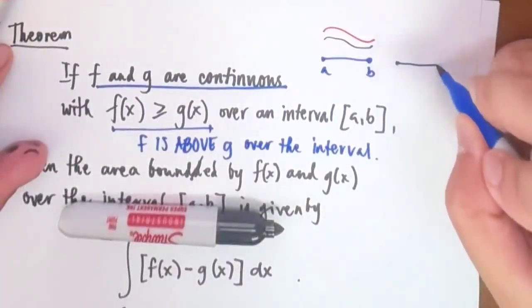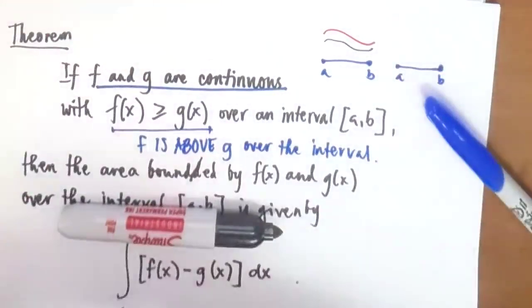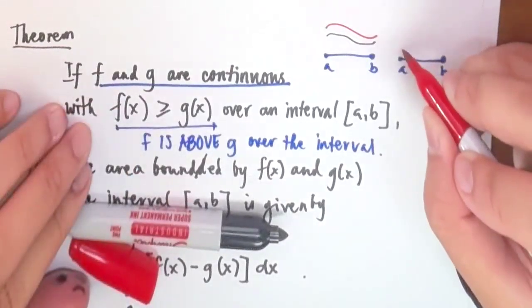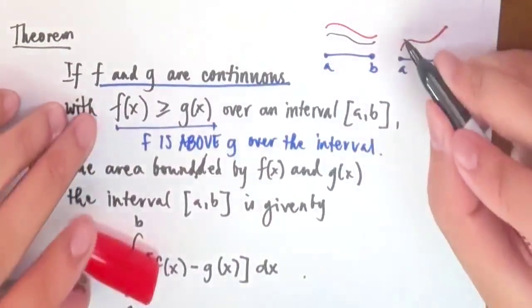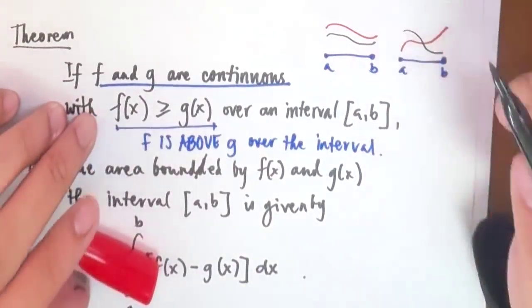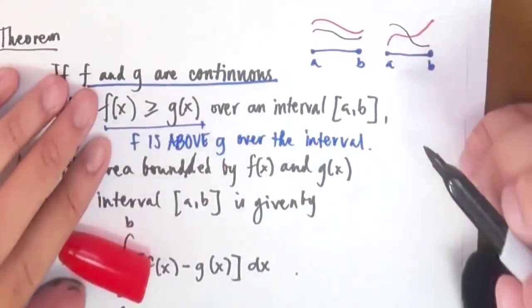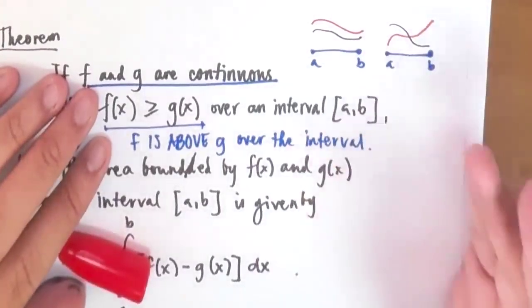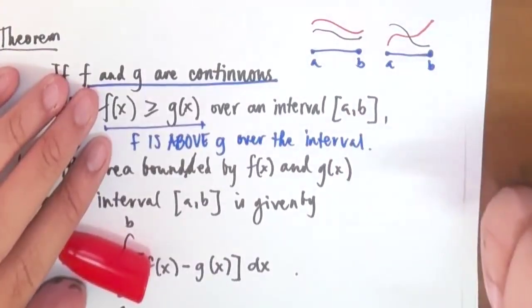Another example would have been if we have this, then if we have this. Right. Now, for this particular example, it is not the case where in the entire interval AB, one function is above the other.